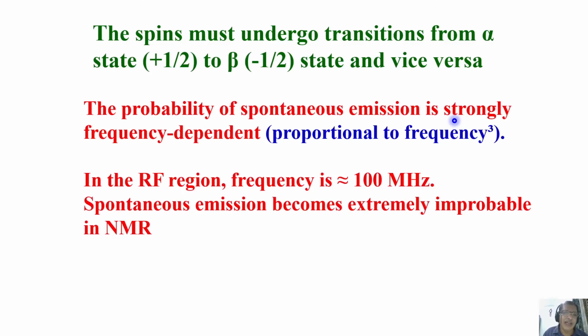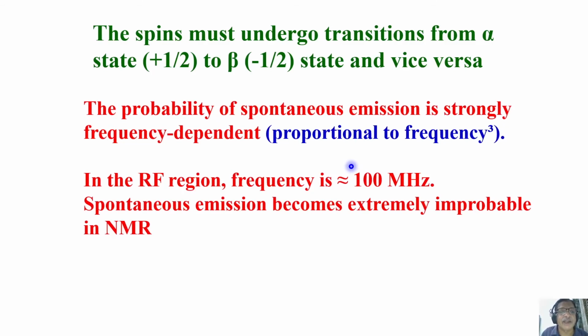Other is stimulated emission or stimulated absorption. In the radio frequency region, because the spontaneous emission is proportional to frequency cubed, and the frequency is of the order of 100 megahertz, the spontaneous emission probability is much lower. It has a very low probability. So spontaneous emission you can practically ignore.